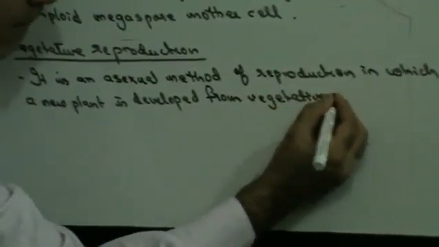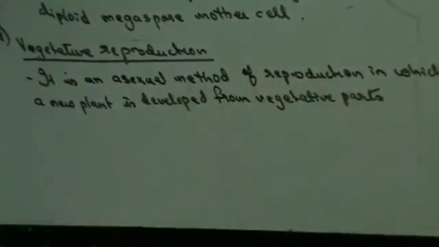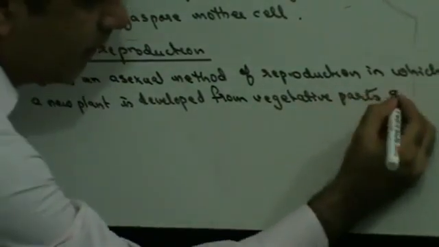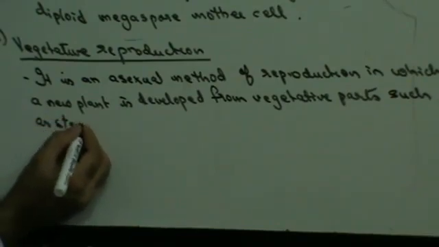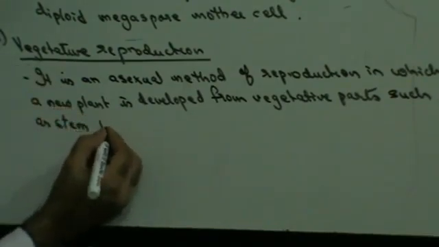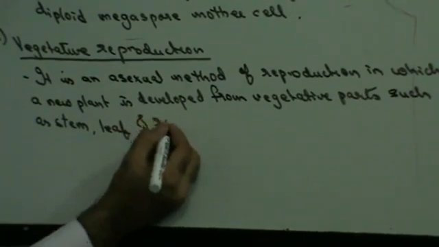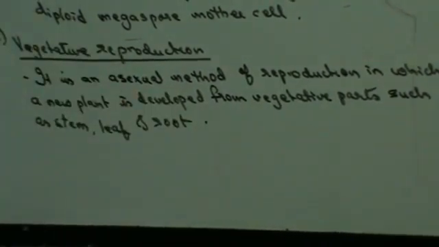Vegetative parts such as stem, leaf and root. So if you have a new plant developed from parts other than the flower, then that would be vegetative reproduction. The new plant produced is not from the seed, but from the stem, leaf and root of the old plant.